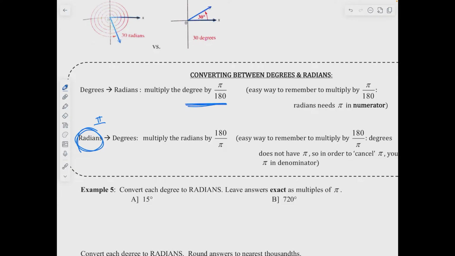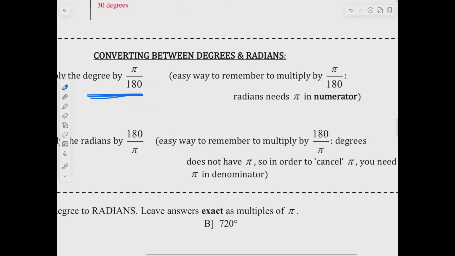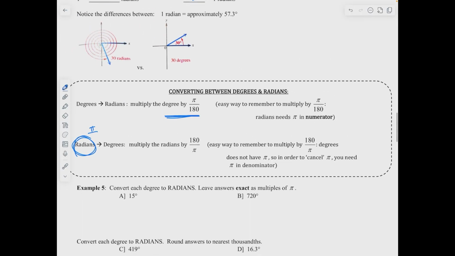If I want to go from radians to degrees, usually there are no pi when we're talking about degrees. So in order to cancel the pi in the numerator from radians, you need a pi in the denominator. So that's why, to help remember it, pi over 180 versus 180 over pi. You just have to know, are you trying to add it or get rid of it?